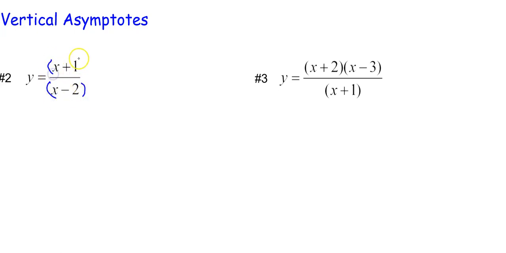Don't butcher that, and you can't cancel anything there. There's nothing that cancels. That fraction bar is like a grouping symbol, so put parentheses around those right away. You want to look at that denominator. Set the denominator equal to 0, so x minus 2 equals 0. We're just going to solve that and get x equals 2.